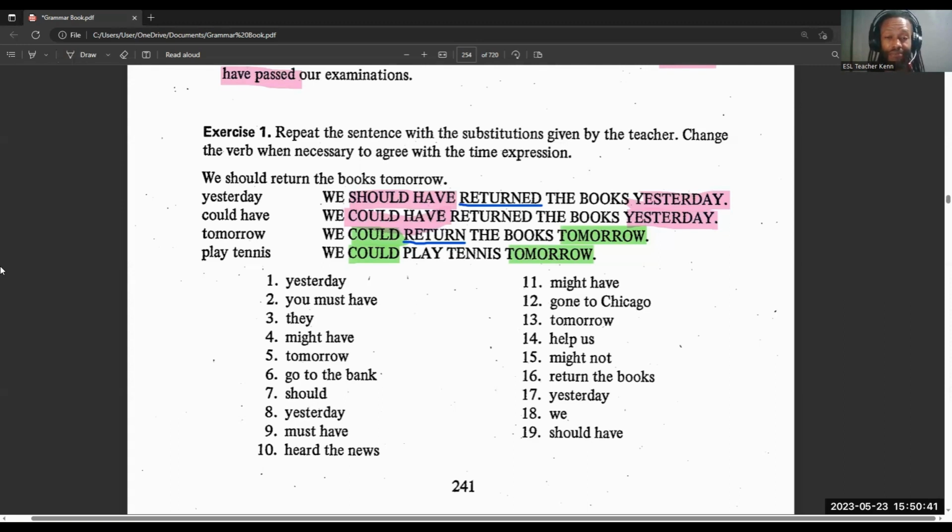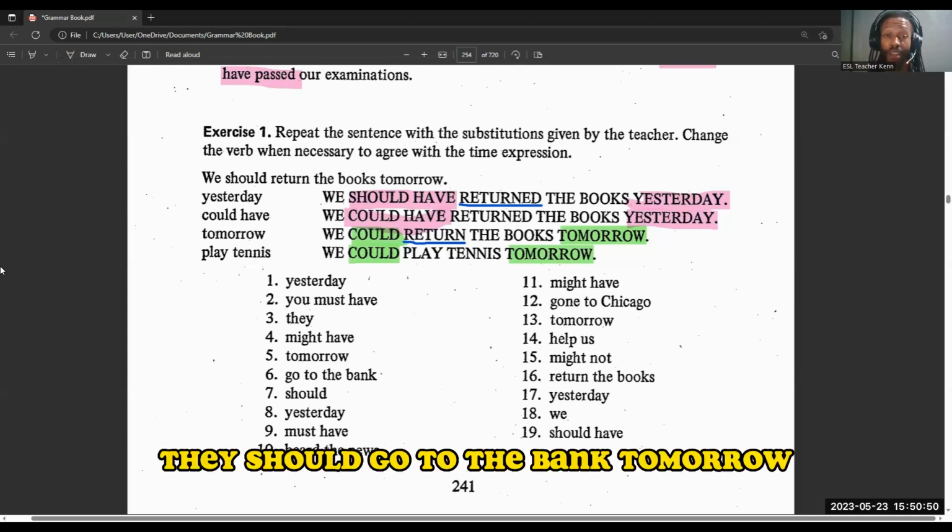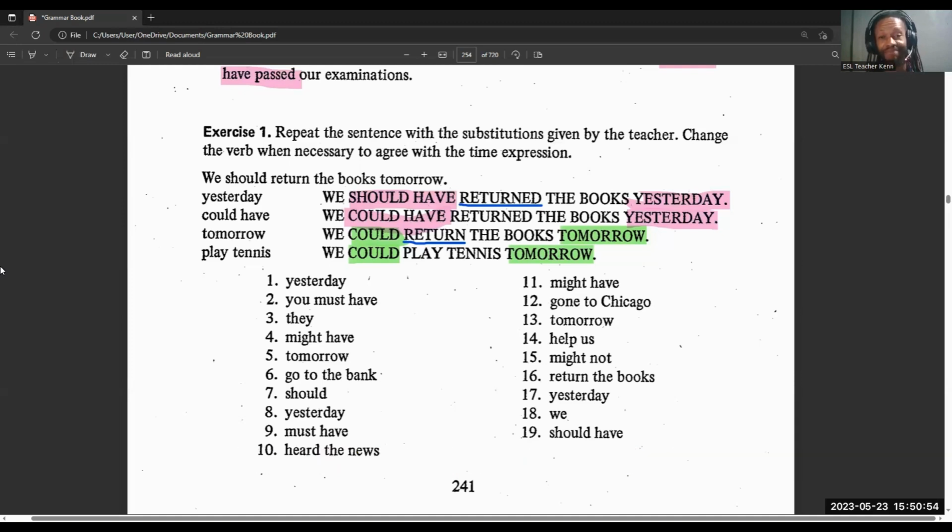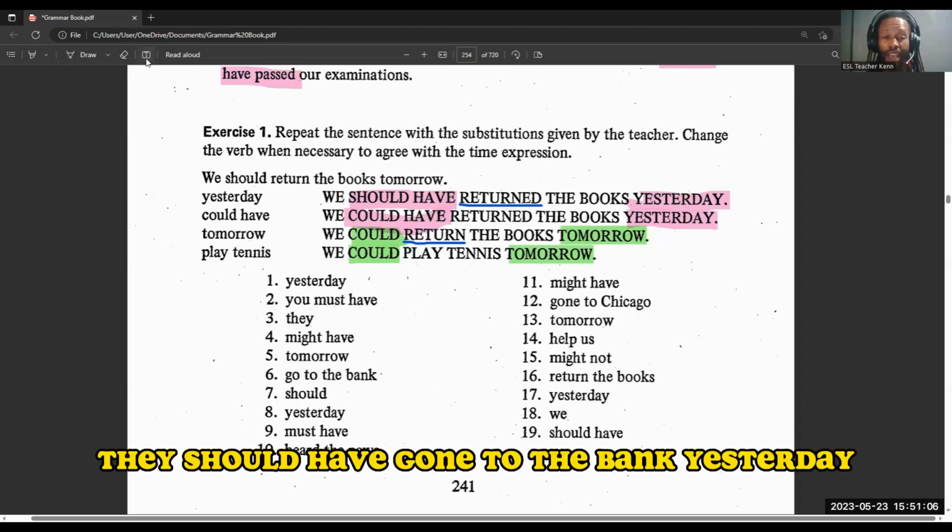Should. They should go to the bank tomorrow. Yesterday. They should have gone to the bank yesterday.